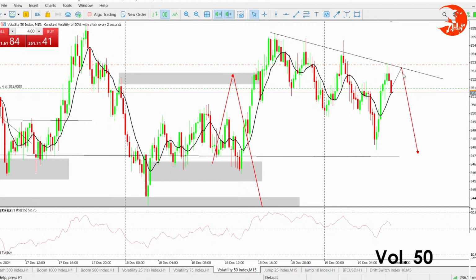Why are we entering sells here? Because this is range trading where we are currently. We are trading within the range right there. This is the reason why we are making the entries there. So we are bringing this right about there.